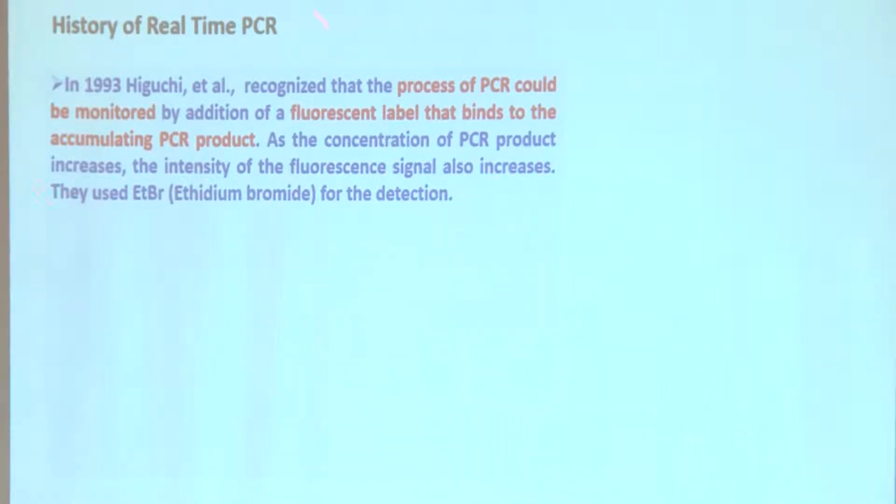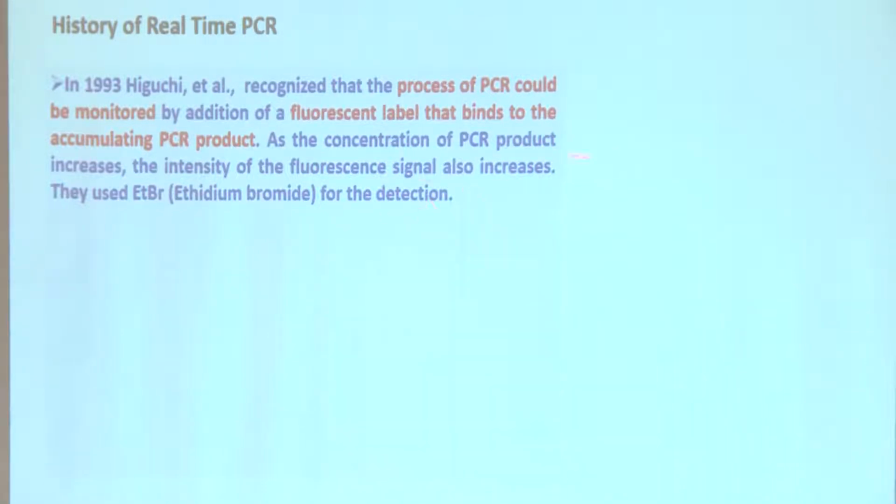So, what he recognized is that the process of PCR could be monitored just by adding some fluorescent dye or fluorescent label that binds to the accumulating PCR product. It was a concept. He said if you add some fluorescent dye to the amplifying product, the entire process of amplification can be tracked, can be monitored.